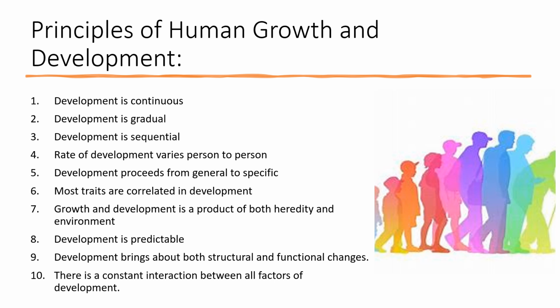Then most traits are correlated in development. Meaning when we develop, all our cognition, socio-emotional aspects, and our behavior are interwoven. That will have influence on other aspects of the development also.